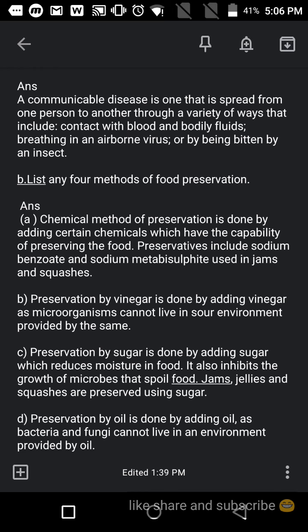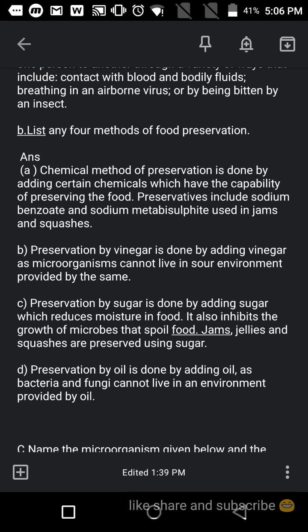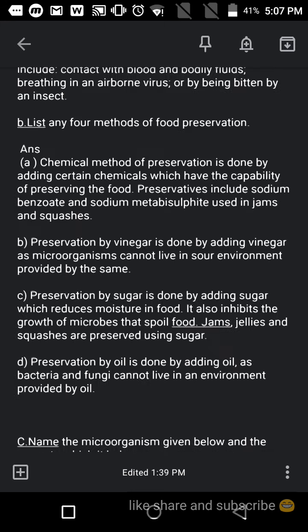A. Chemical method of preservation is done by adding certain chemicals which have the capability of preserving the food. Preservatives include sodium benzoate and sodium metabisulfite used in jams and squashes. B. Preservation by vinegar is done by adding vinegar, as microorganisms cannot live in the environment provided by it.